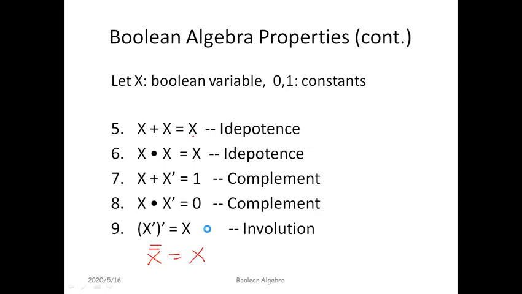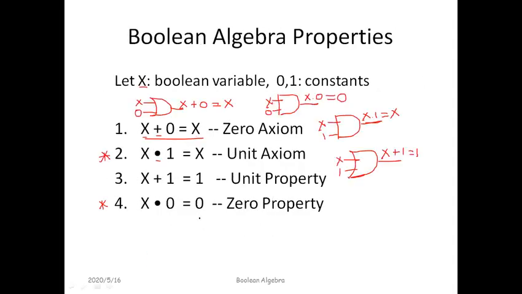Okay? So before we go to the other property, let's talk of the names of these properties. The first property we looked at, x plus 0 is equal to x, is known as the zero action. Whereas x dot 1 is equal to x is the unit action.